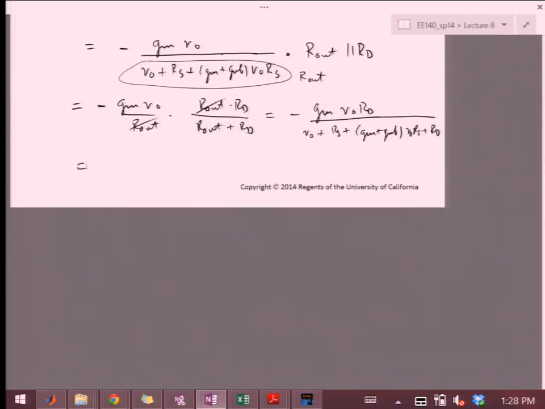And now again, we can play the game of elimination and approximate things out by assuming certain pieces are not that important. And so we can leave minus gm RD on top and divide everything by ro. So we get 1 plus Rs over ro. So this thing we can eliminate, plus gm plus gmb Rs, and then plus RD over ro, right?